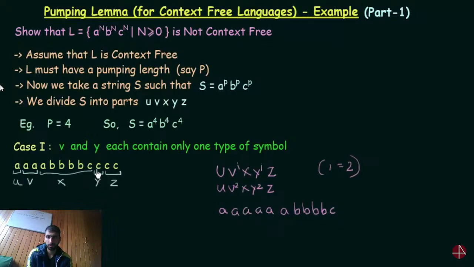Y is just one C, but since it is squared, I have to double it, so there will be two C's. And then Z contains two C's over here. Alright, so this is the string that we get.